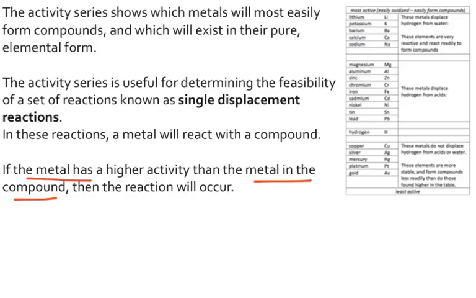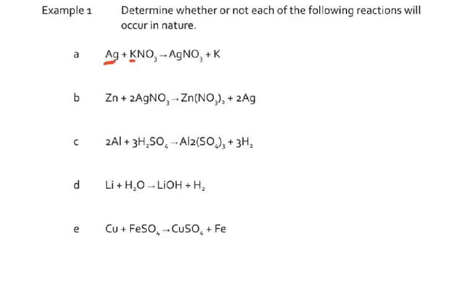Looking back, I'll just flip back quickly. Silver is near the bottom of the list. Potassium is actually second from the top, so silver is not above potassium, it's below potassium. Silver will not be able to replace potassium in this reaction, so this reaction will not happen. And RXN is just the standard abbreviation for reaction.